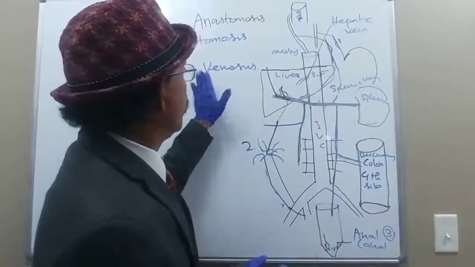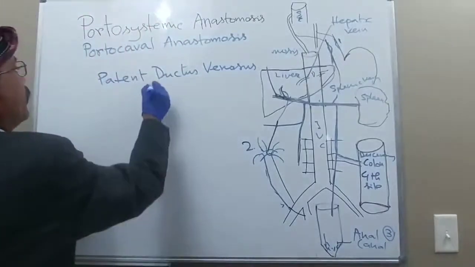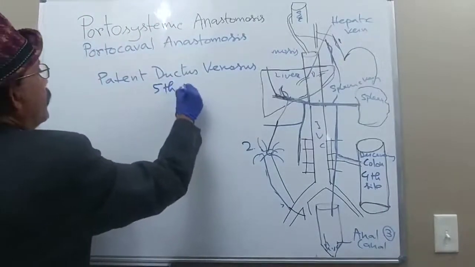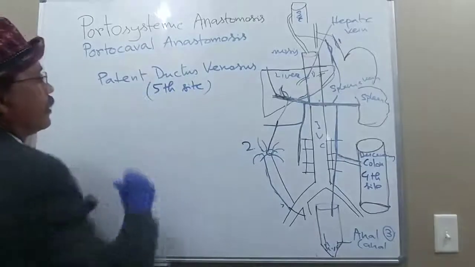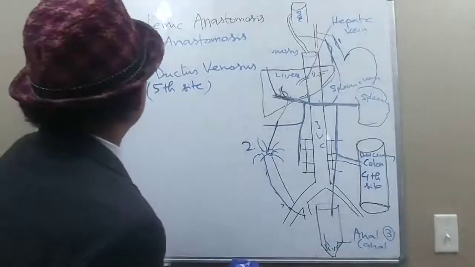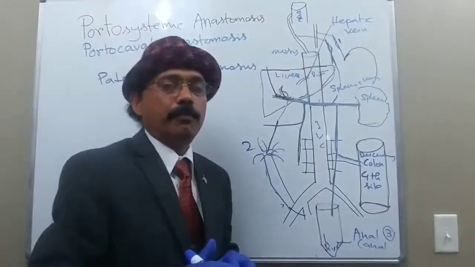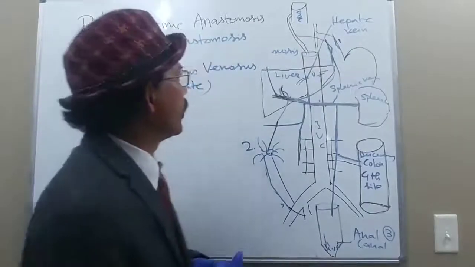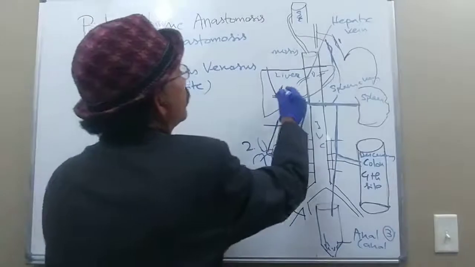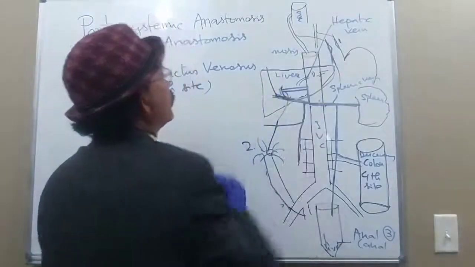So this is another site, maybe the fifth site. That is a possibility here. So that is one, patent ductus venosus, that connects the left branch of the portal vein to the inferior vena cava directly.